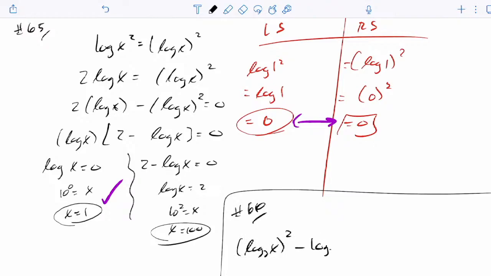Number 66 is the same idea. If you're looking at 66, it's the same idea. This will end up being t squared minus 2t equals 3.